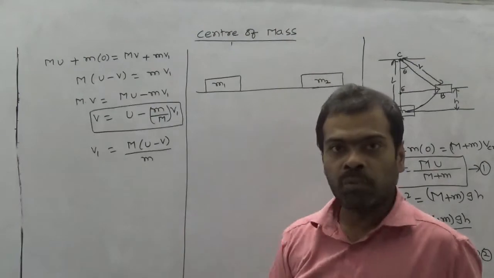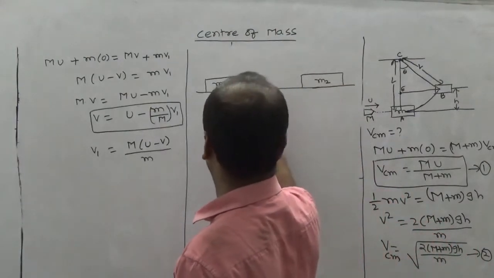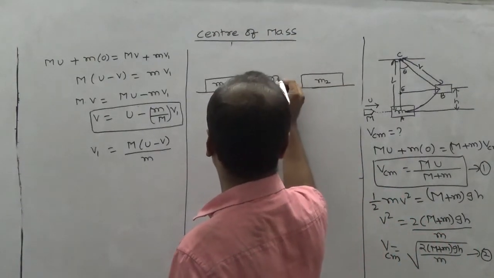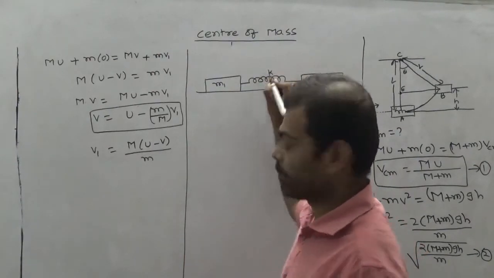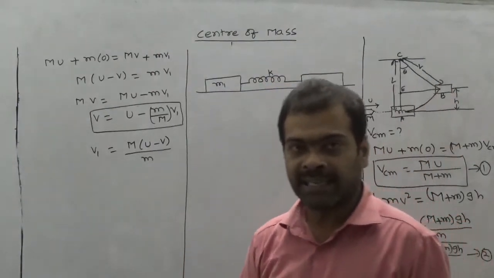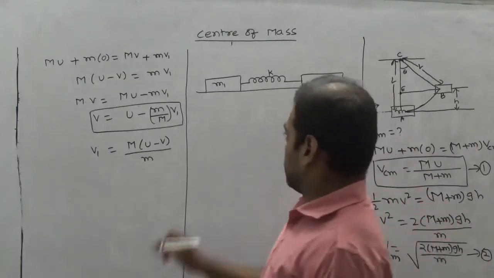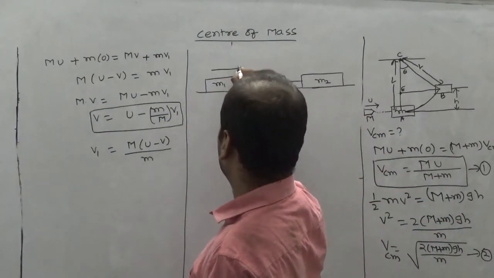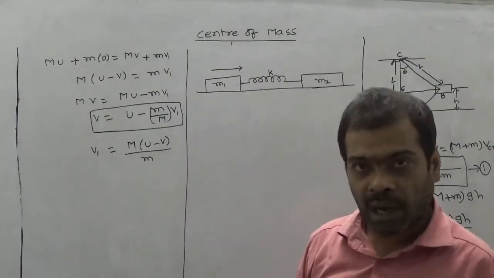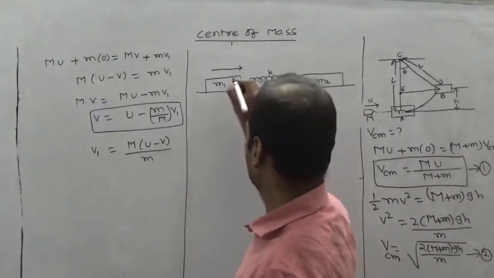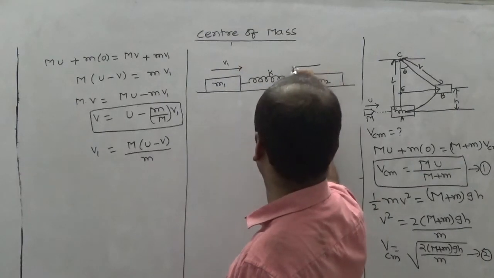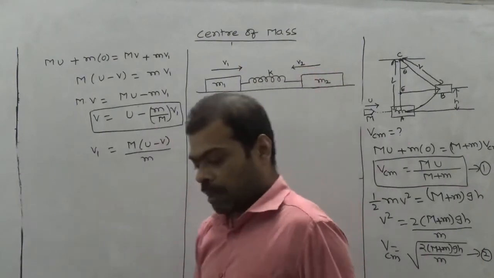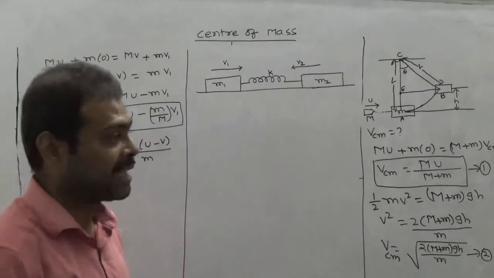These two blocks are connected by a spring having a spring constant k. Then suppose initially both the blocks are moving with their velocities v1 and v2, such that both the blocks are moving in the opposite direction.